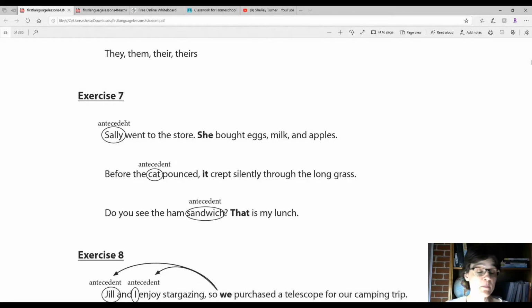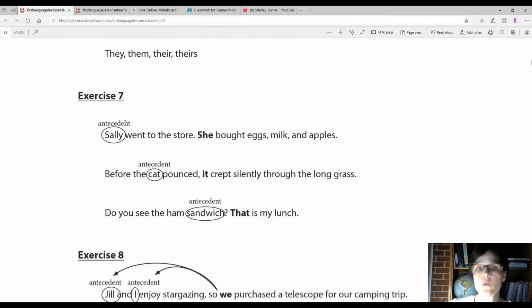All right, now remember when we said that a pronoun takes the place of a noun rather than saying: Calista is doing her schoolwork. Calista had a snack. Calista went to the store. Calista babysat her niece and nephew. Okay, just using your name over and over.